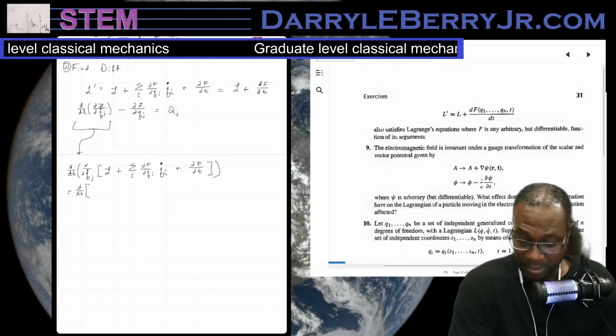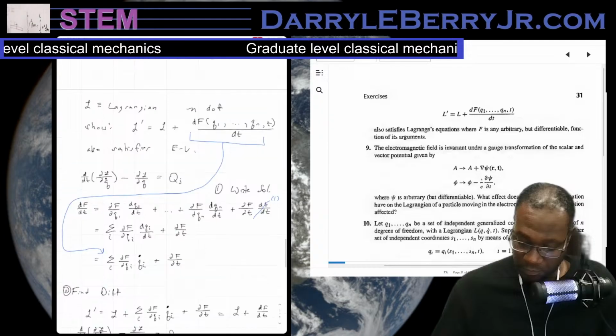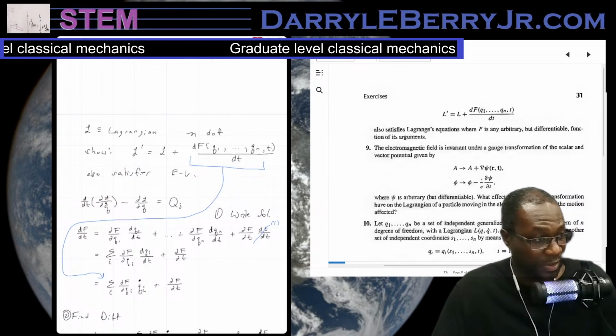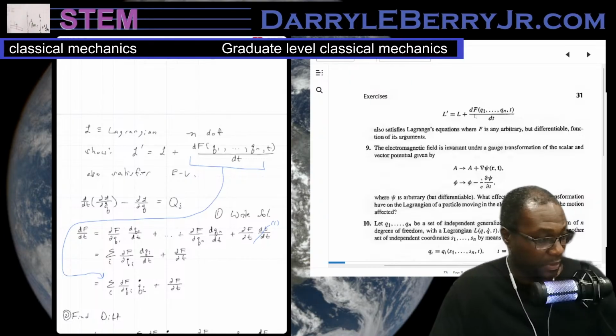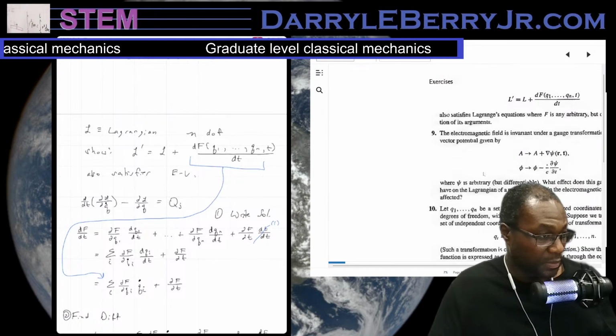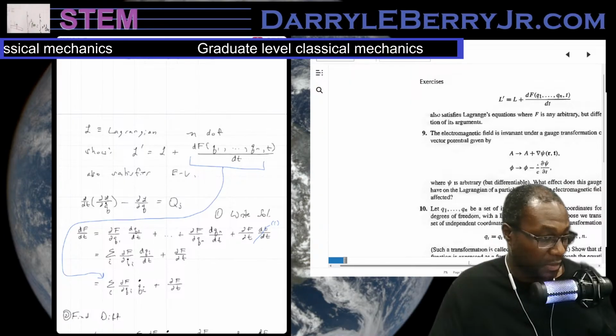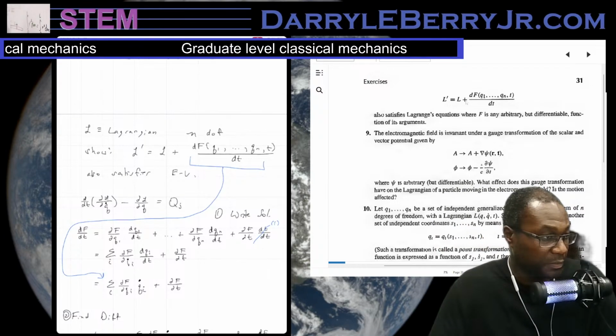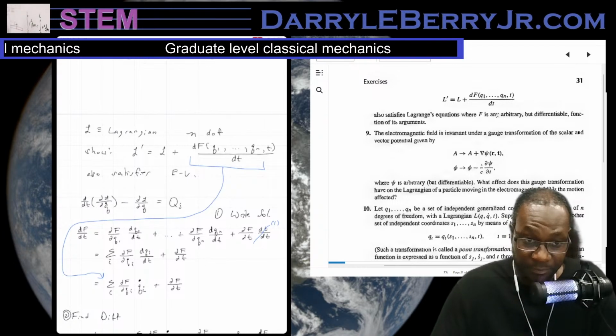So why don't we look at the problem again in the book here. You see right here it lists on the very top line, L prime is L plus the derivative of f with respect to t.